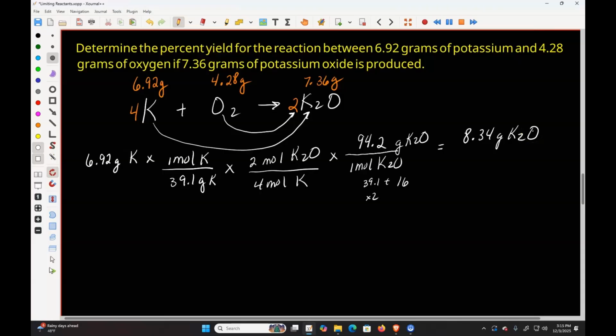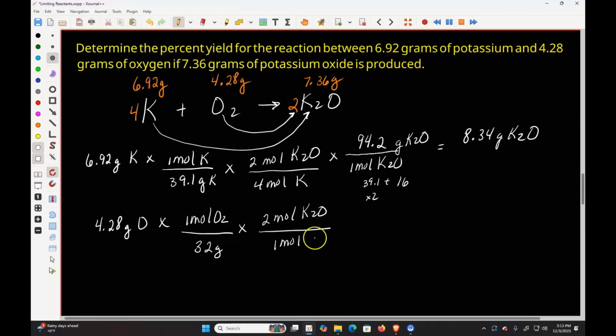Now using the oxygen, 4.28 grams. Convert it into moles. Oxygen is 16, so 2 times 16 is 32 grams. Times the ratio step, and 2 moles of K2O for 1 mole of oxygen. And again, this is 94.2 grams of K2O for 1 mole of K2O.